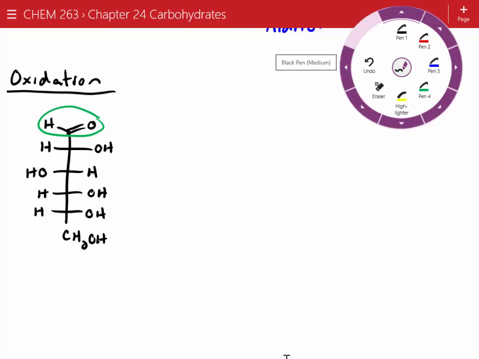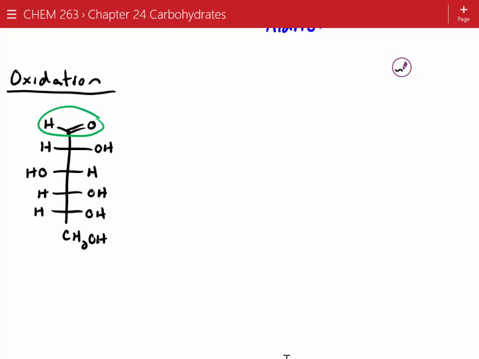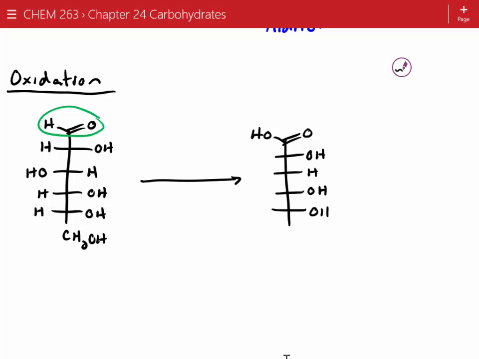So we can actually change the oxidation state to a carboxylic acid, and conversely, we can do chemistry on this carboxylic acid now.